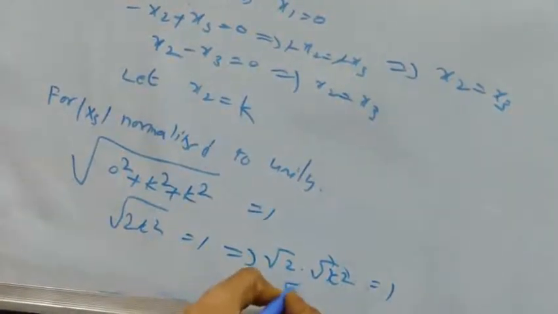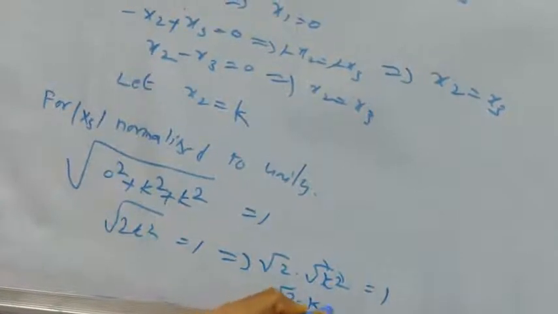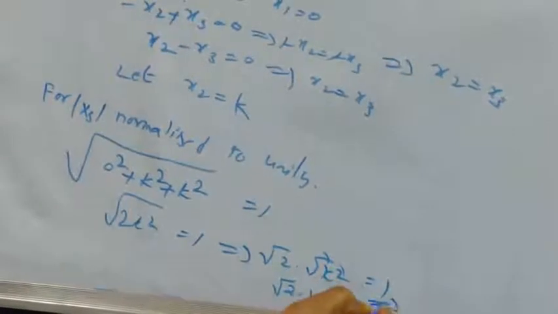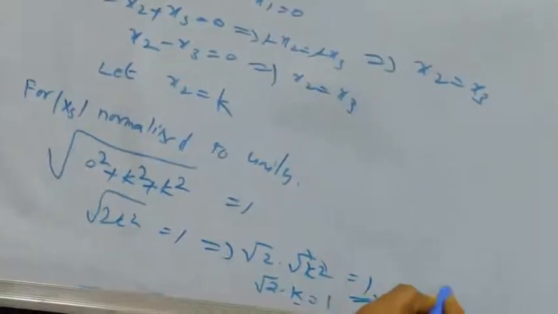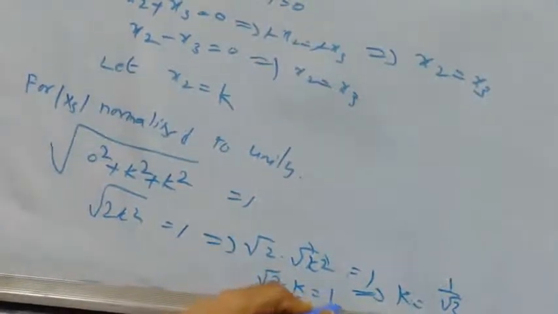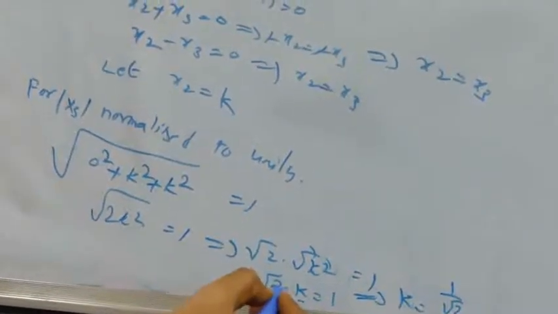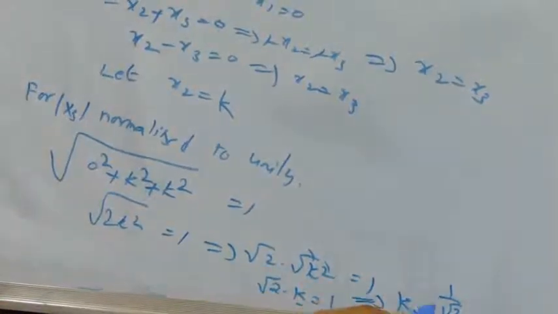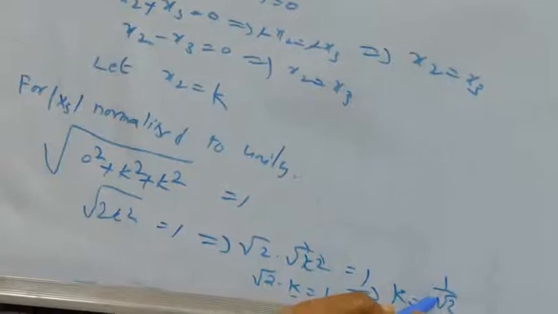Root 2 into k is equal to 1. Now we are interested in finding the k value, so k is equal to 1 by root 2. Send this root 2 to RHS side. As it is in multiplication form in LHS, if you send to RHS, it comes to division form. So k is equal to 1 by root 2.